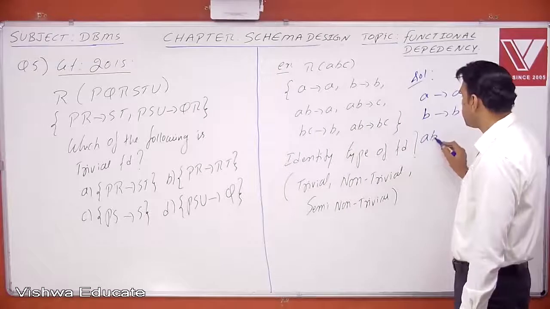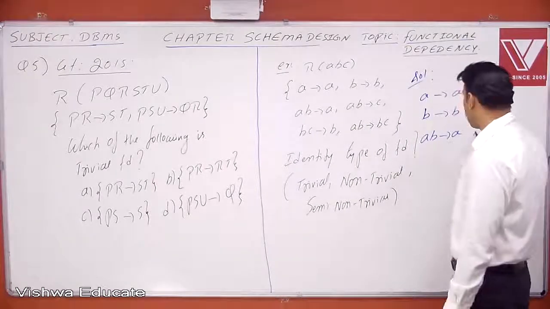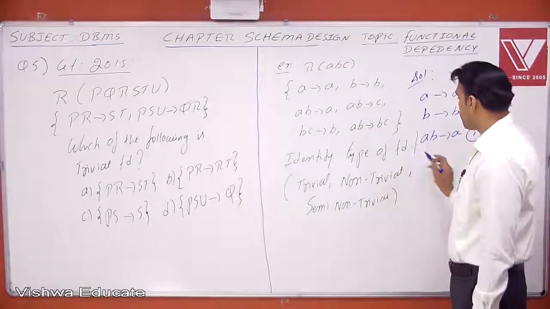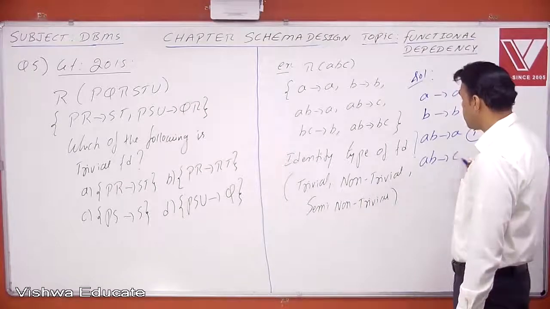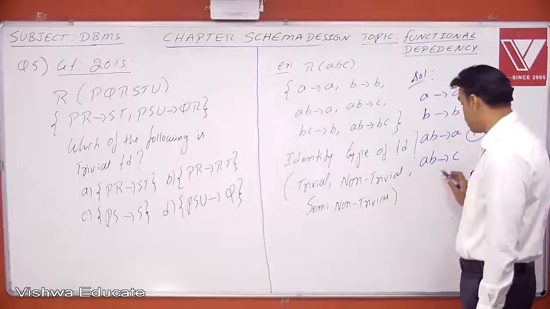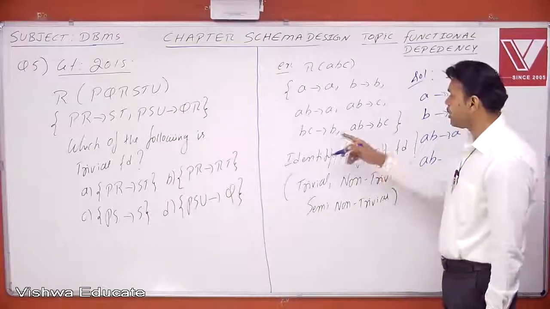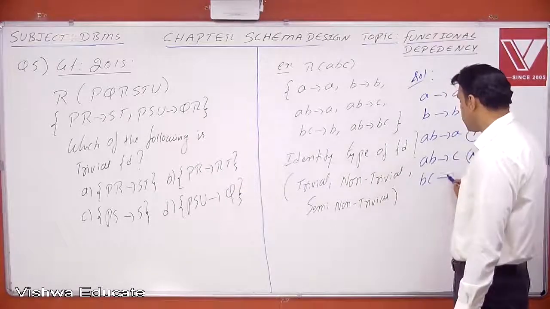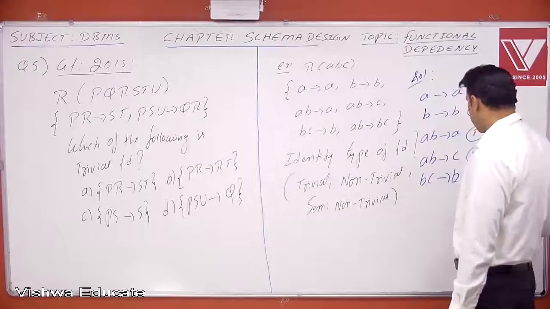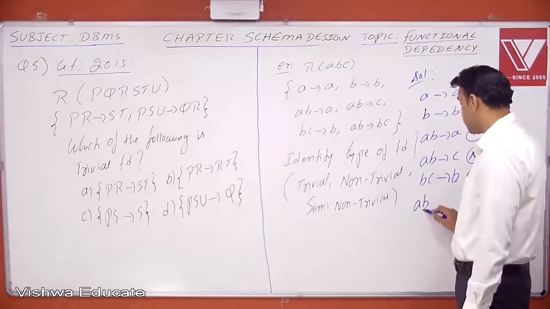Next, AB determines A. RHS is a part of LHS, and it is also trivial. Next, AB determines C. RHS is not part of LHS, and it is non-trivial. BC determines B. RHS is a part of LHS, hence it is trivial.